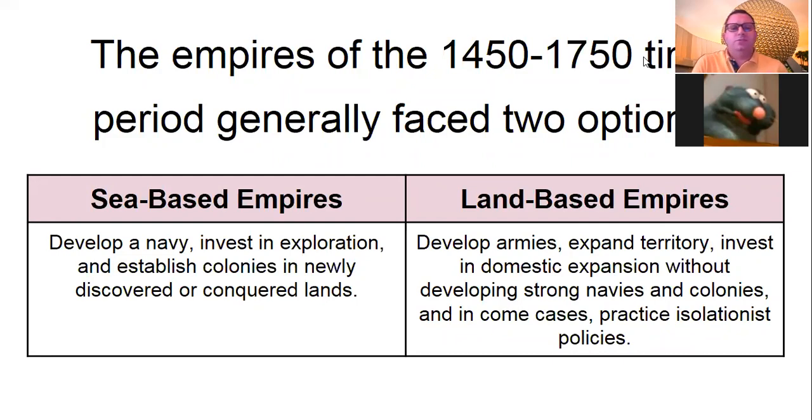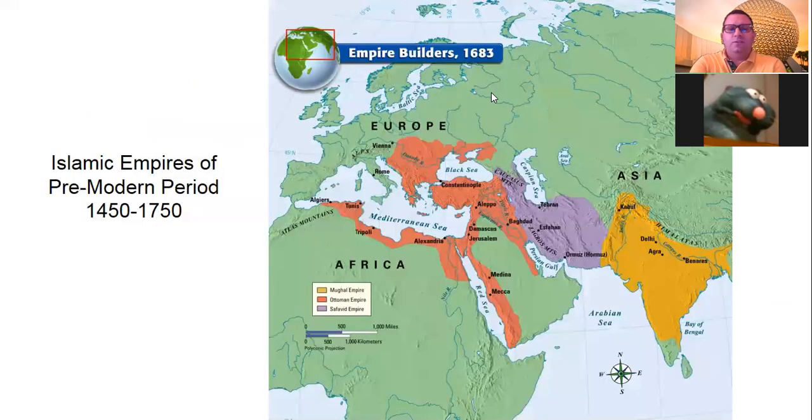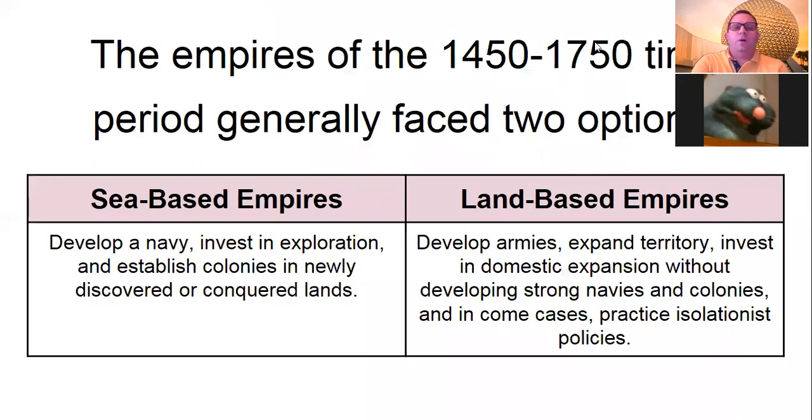Now, oftentimes you didn't have the ability to make this choice. Geography kind of dictated it for you. But there were a few empires that had the choice. Like if you look back here, the Ottomans certainly could have developed as a maritime empire if they wanted to. And so could the Mughals, and yet both of them ultimately developed as land-based empires.